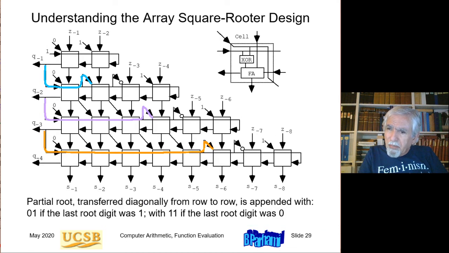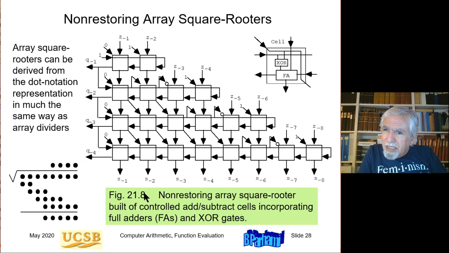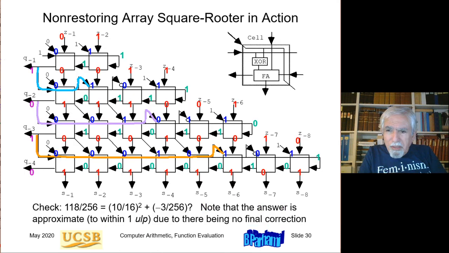And so basically, you see here the partial root appended with a couple of digits is being used as the trial subtractor. Okay, and there's also a numerical example here that shows what happens for a particular radicand, which comes in from the top, and the root, which is developed at the left, 1010.